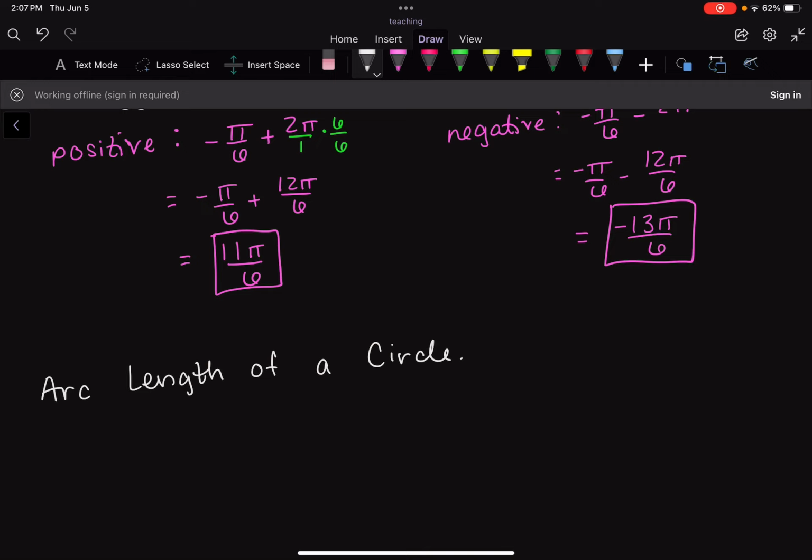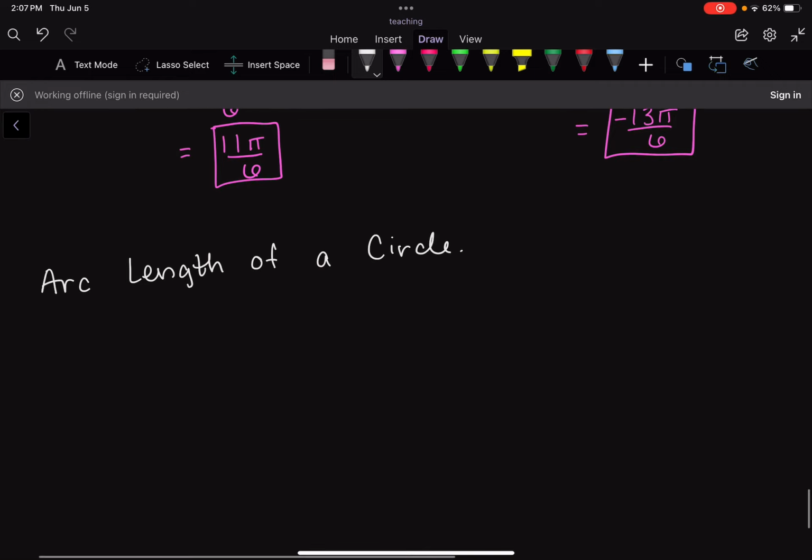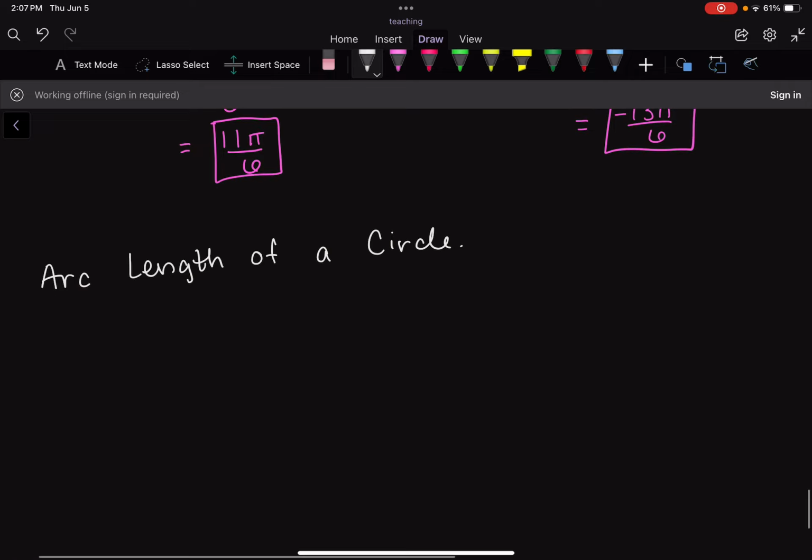So this is technically arc length of a circle. I'm going to give you a definition.